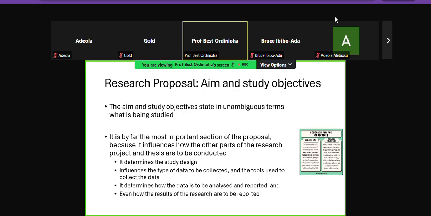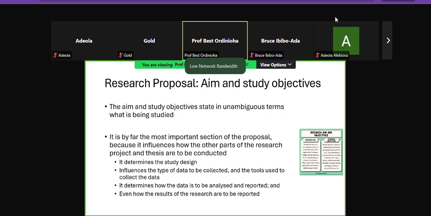So we are going into the most important part of the whole thing, the aim and study objectives. How do we do the aim? The aim is similar to your topic. And just as I said, this is the most important, because your study objectives will determine the kind of study you will carry out.